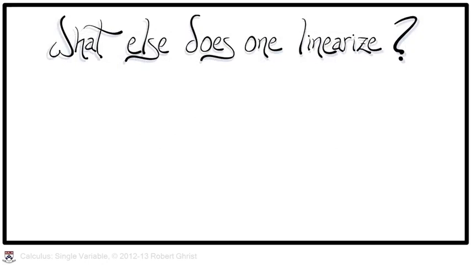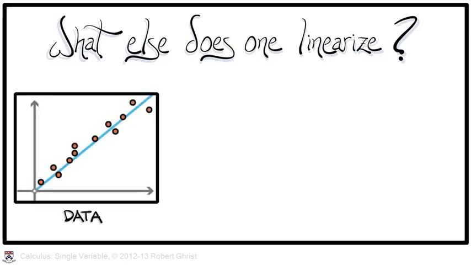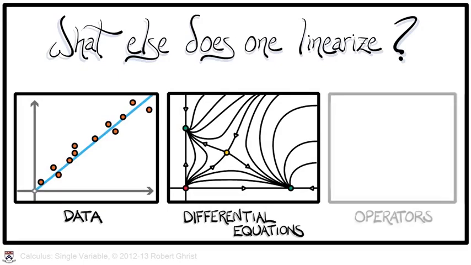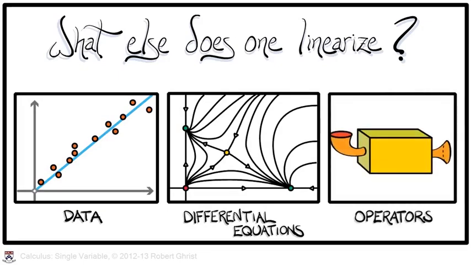Linearization pervades mathematics, and there are all manner of things that you can linearize. You can linearize data. You can linearize differential equations and dynamics. You can even linearize operators. We'll get to a little bit of this later on in this course, but some of it is going to have to wait for you to take more math.